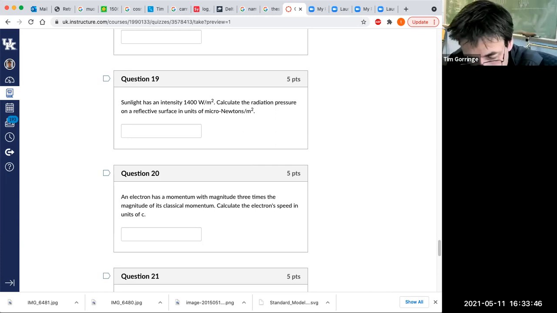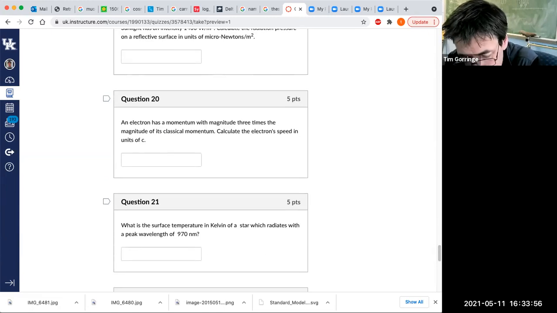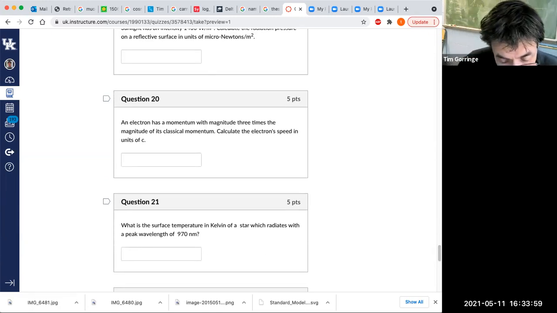Okay, next question. The next question is number 20. We're told that an electron has a momentum with magnitude 3 times its classical momentum, and we've got to calculate the speed of the electron.